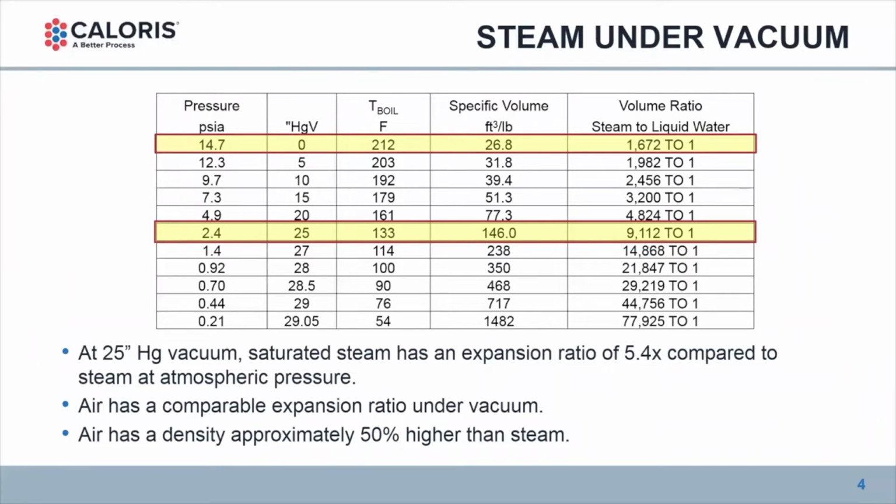Why? Because of the slightly lower pressure at altitude, the water is boiling at a lower temperature. We take advantage of that in our industry by running at fairly substantial vacuums. At 25 inches of mercury vacuum, water boils at 133 degrees Fahrenheit.